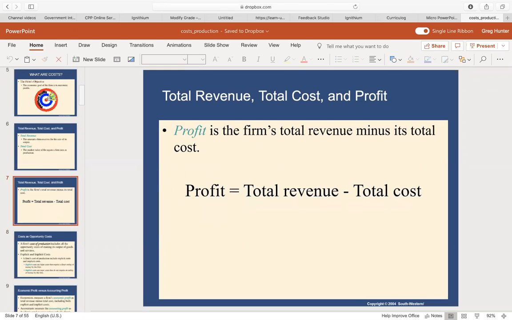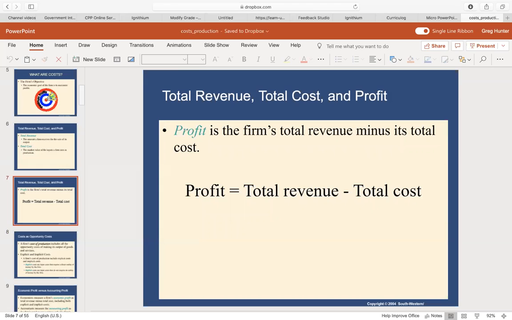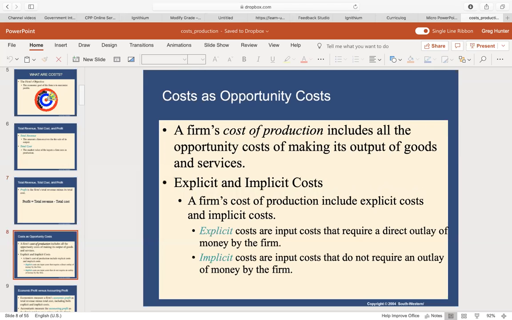And we have to be kind of careful. The total revenue part is something we're going to be talking about over the course of the coming weeks, almost up until the end of the semester. But right now, we're just going to focus on the costs, picking up where we left off last time.